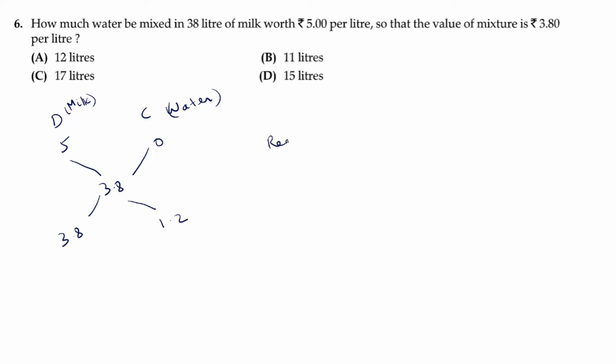So the required quantity of water to be mixed is equal to 1.2 upon 3.8 into 38. So these two will go 10 times. So the required quantity of water is 12 liters. So the correct option is option A.